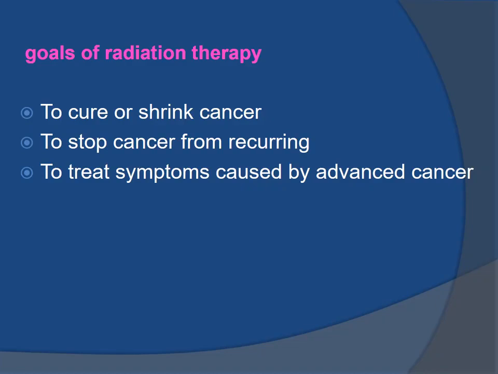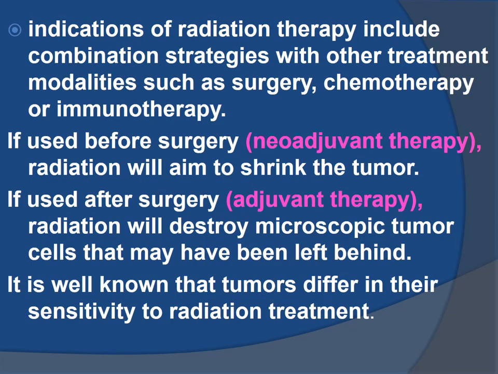Indications of radiation therapy include combination strategies with other treatment modalities such as surgery, chemotherapy, or immunotherapy. If radiotherapy is used before surgery, it is called neoadjuvant therapy, in which the radiation aims to shrink or downstage the tumor.